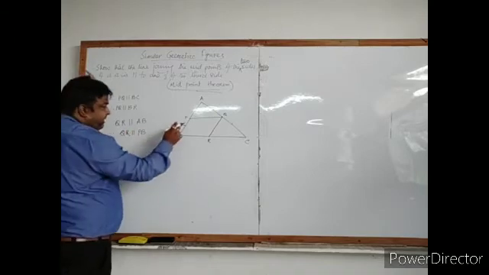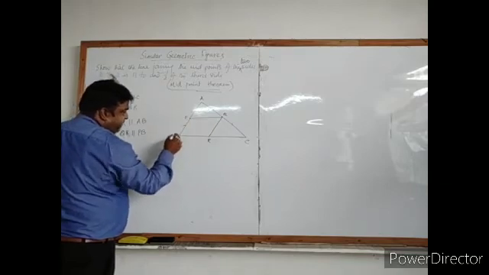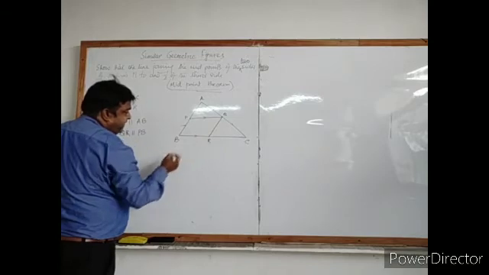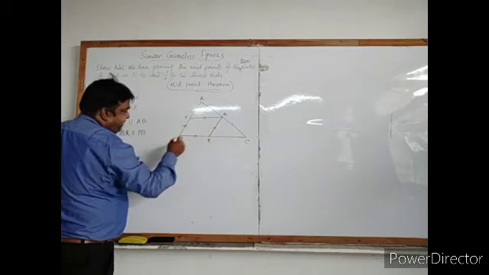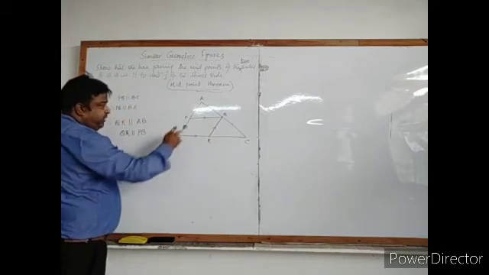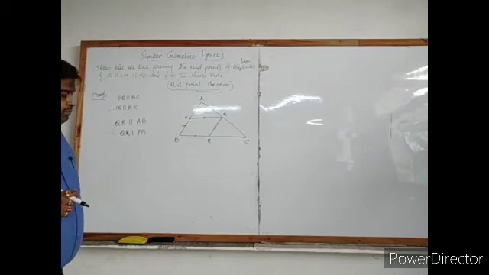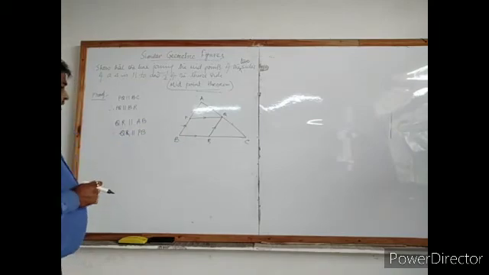Now you see, in this quadrilateral PBRQ, PQ is parallel to BR and QR is parallel to BP. So opposite sides of the quadrilateral are parallel, then what type of quadrilateral is it? Definitely a parallelogram. Correct?